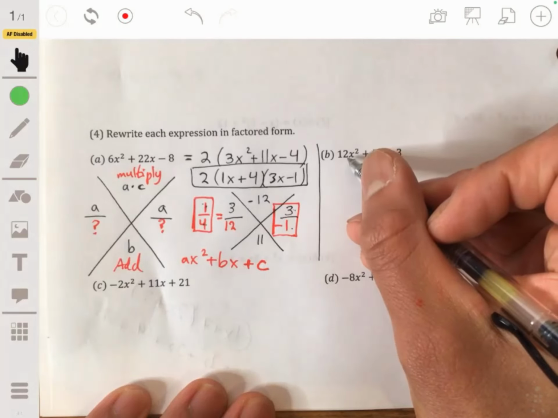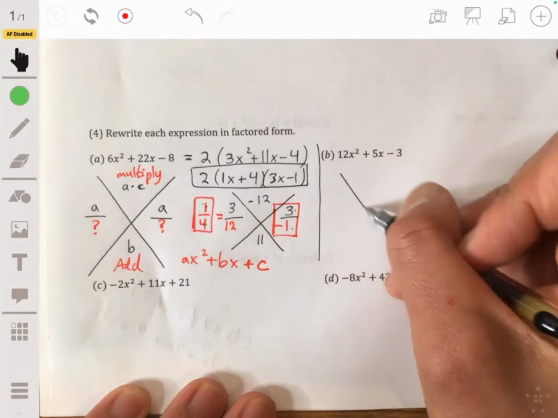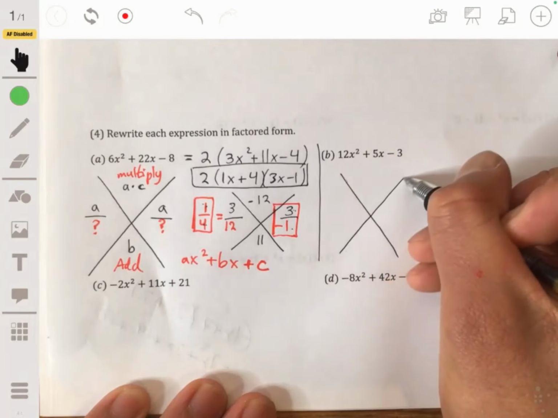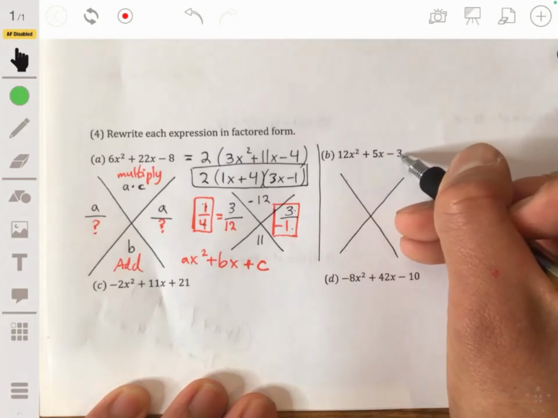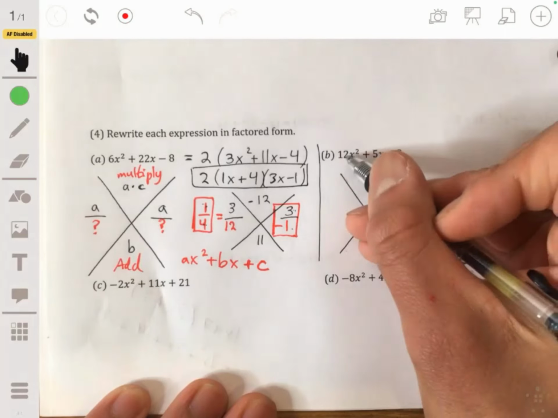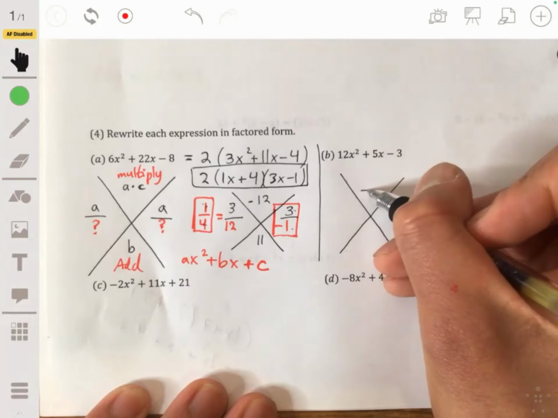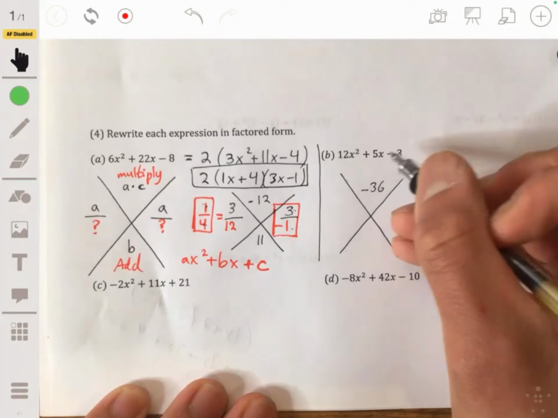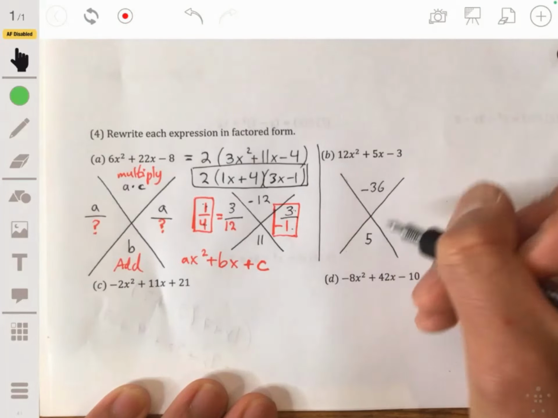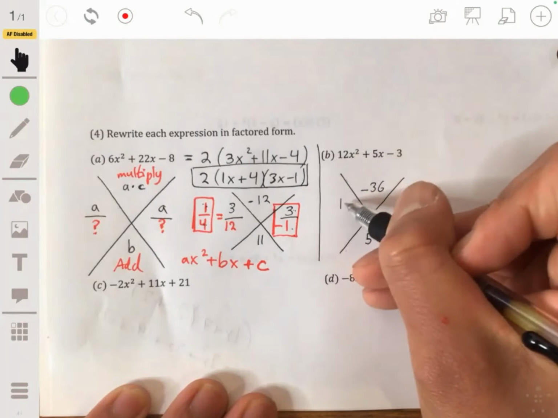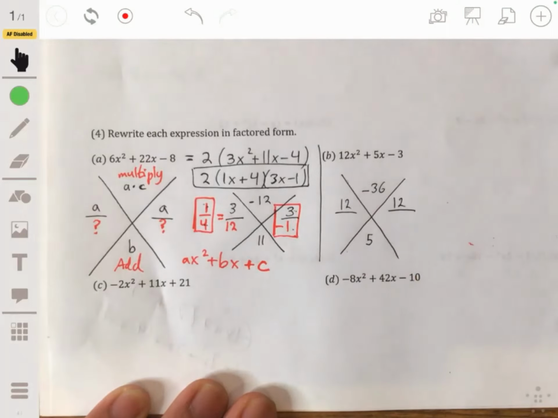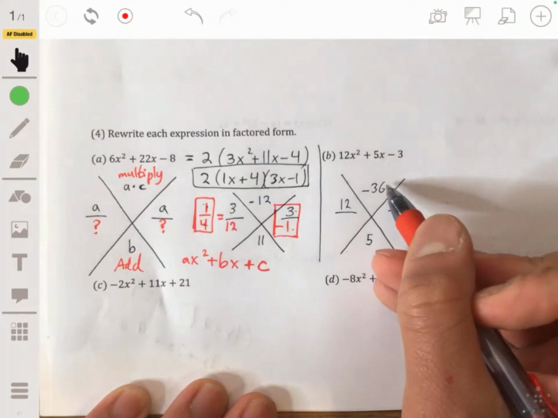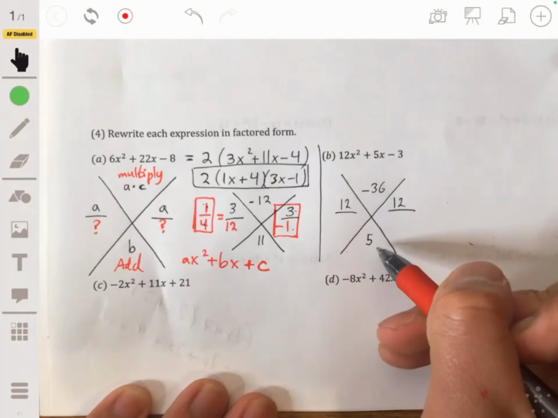So for B, we have A is 12, B is 5, and C is -3. So A times C on the top, so -36. B in the bottom, so 5 in the bottom. A over something, so 12 over something, and 12 over something on the sides. Two numbers that multiply to -36 and add to 5.